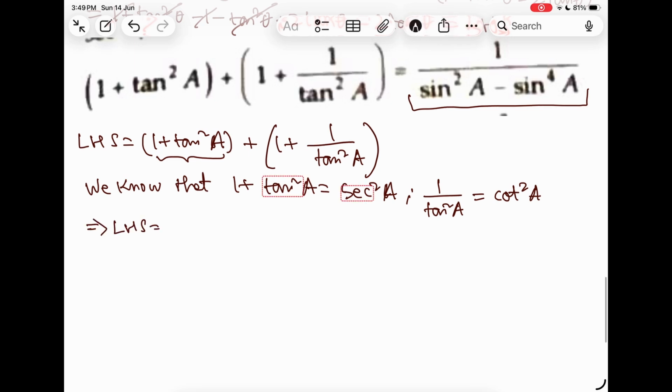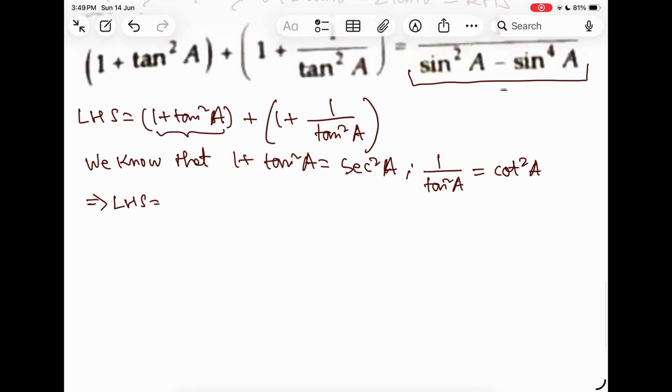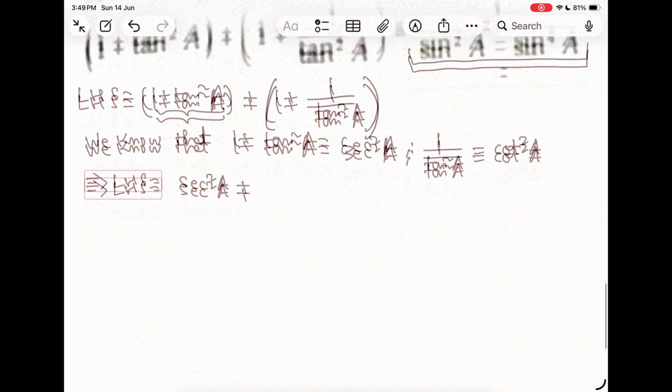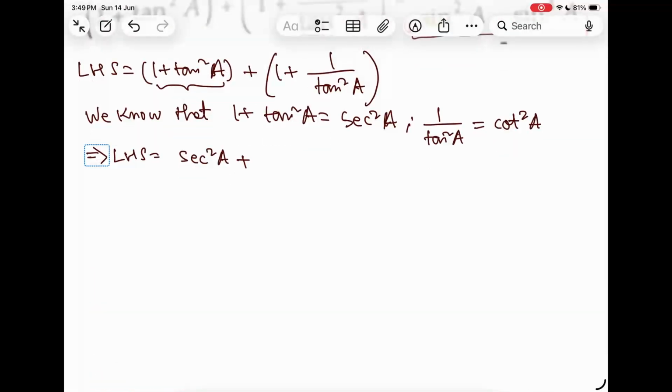So LHS equal to sec square a plus, now we know that 1 plus cot square a is obviously equal to cosec square a, right? So we can write 1 plus 1 upon tan square a as 1 plus cot square a, that is equal to sec square a plus cosec square a.